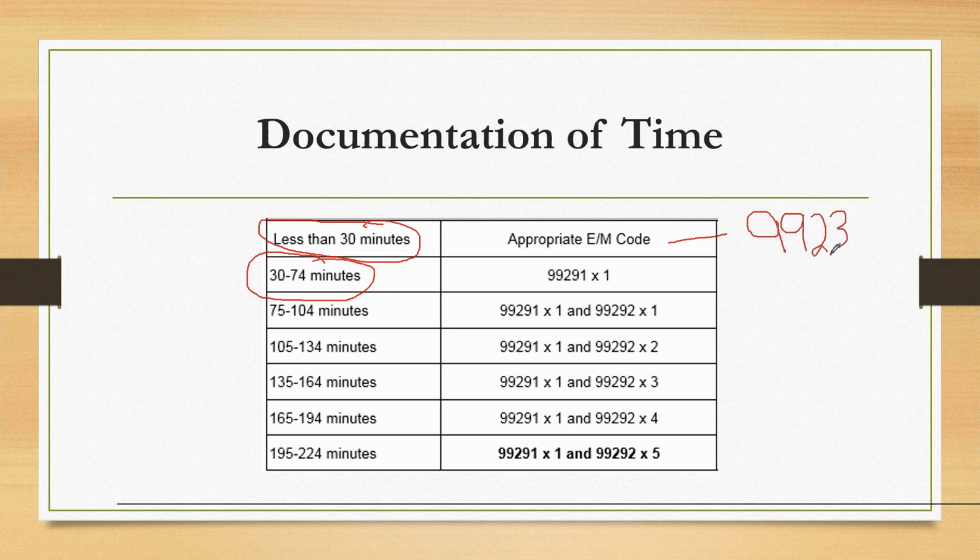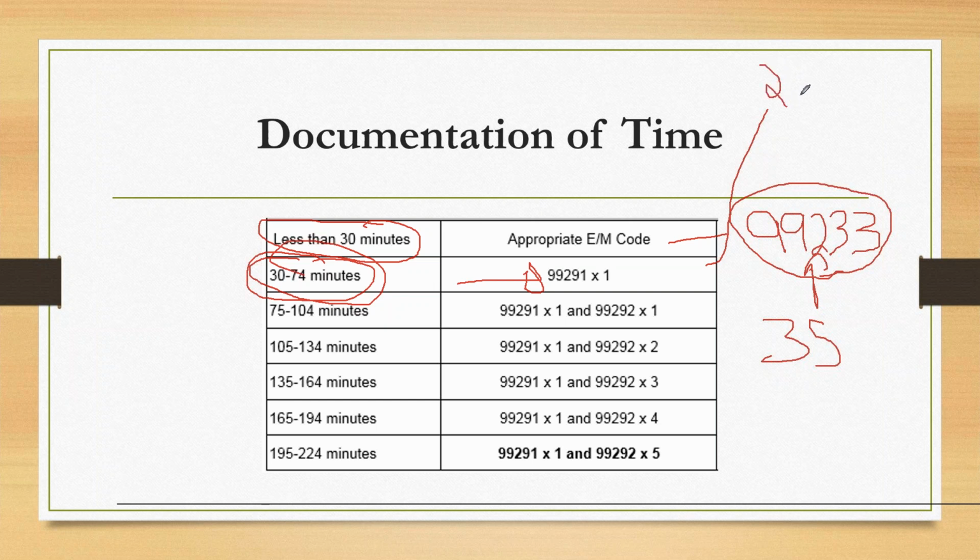Because if you document that, you're not going to be having the ability to do a 35-minute visit, because that would be more than the 30 to 74 minutes that you need for this level of service. But there are times when you have a patient in the ICU who has medical conditions that are high complexity, and they have several of them.